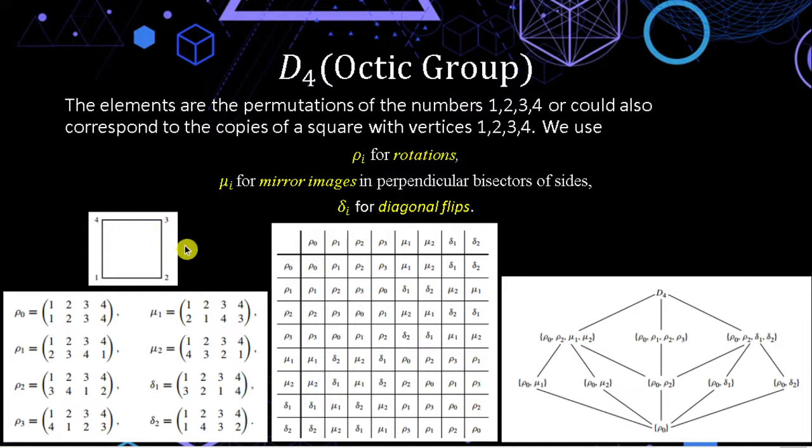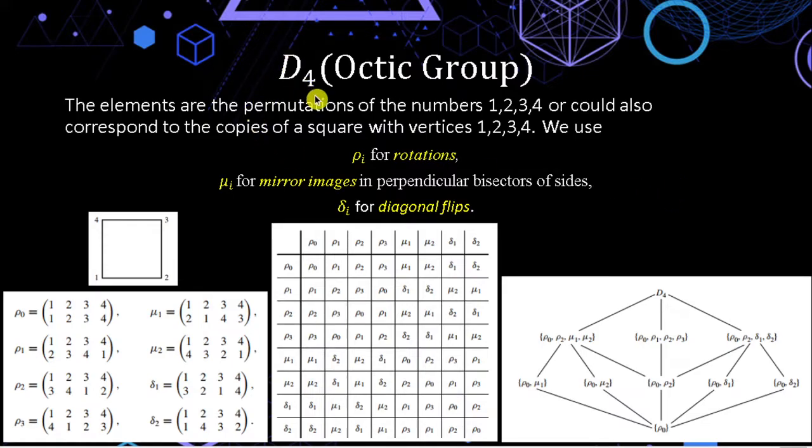It is still called a diagonal even for regular polygons like the pentagon. So the pentagon, D sub 5, has 10 elements, 5 rotations and 5 reflections.